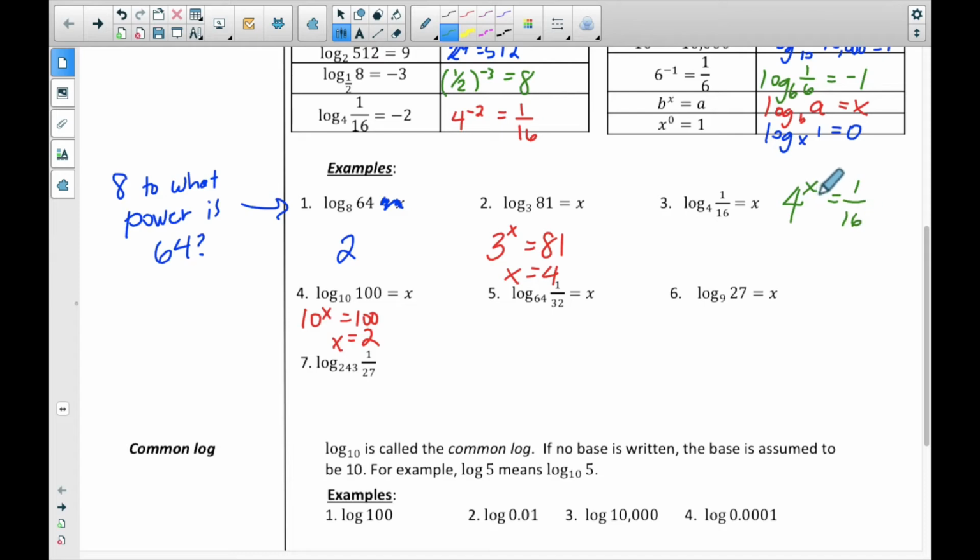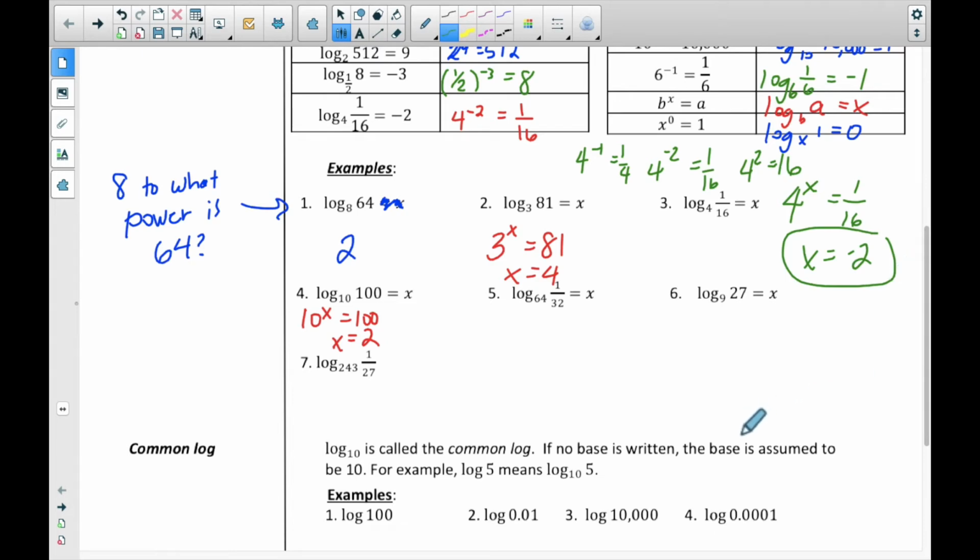Remember that a negative power gives us a denominator. So in other words, 4 to the negative first is 1 over 4. 4 to the negative second is 1 over 16. So x is negative 2 because 4 to the negative second is 1 over 16. Remember, 4 squared is 16, so 4 to the negative 2 is 1 over 16.